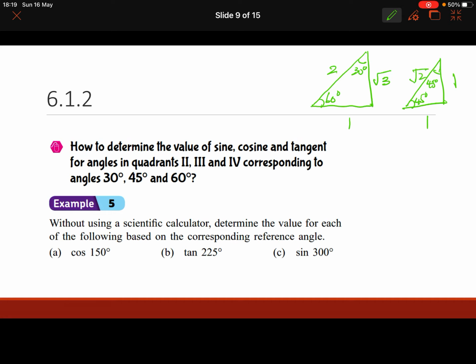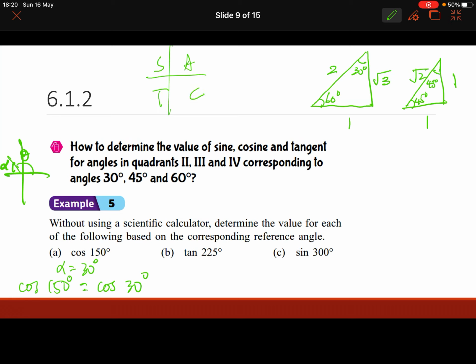Okay, cos 150. So 150 is here. That means the reference angle is 30. So cos 150 equals cos 30. Is the value positive or negative? In the second quadrant, using ASTC, cos is negative.